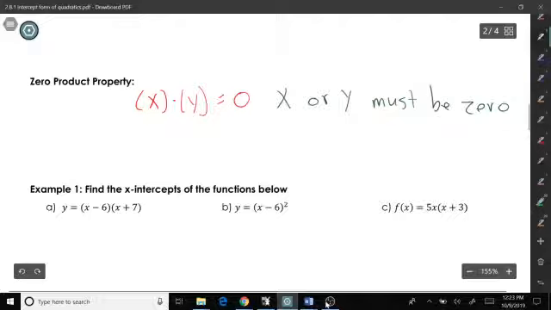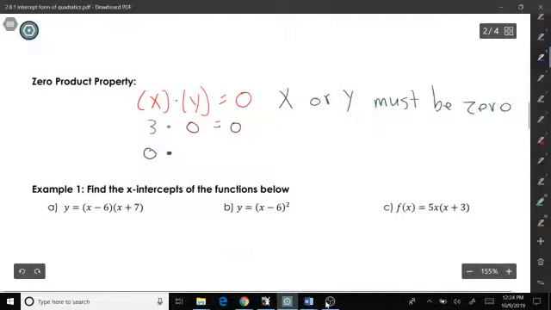If, for example, x was 3, so let's do 3 times, but y was 0, that equals 0. No matter what x would be, if y is 0, when we multiply, we get 0 as the answer. And we could also think about the other way. If x is 0, it doesn't matter what y is, -11. Because x is 0, the product, or the answer when we multiply, will be 0.